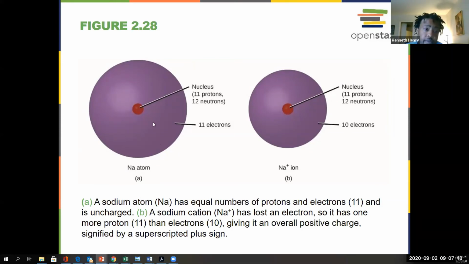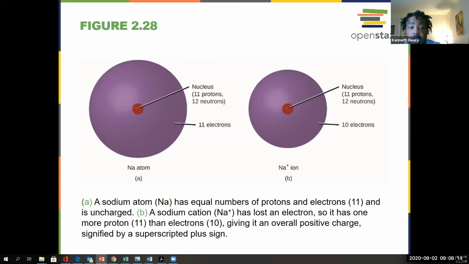We have the sodium atom here, and this is the sodium ion. The sodium atom has 11 protons, 12 neutrons, 11 electrons. Now, the sodium ion has 11 protons, 12 neutrons, and 10 electrons.